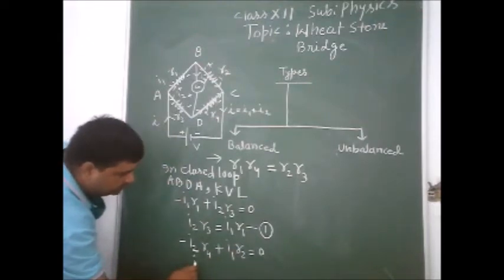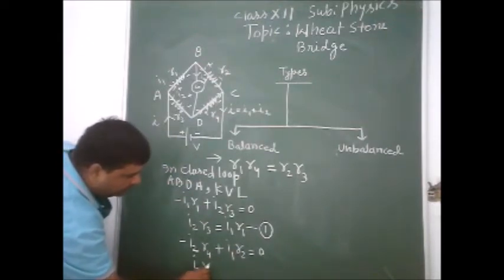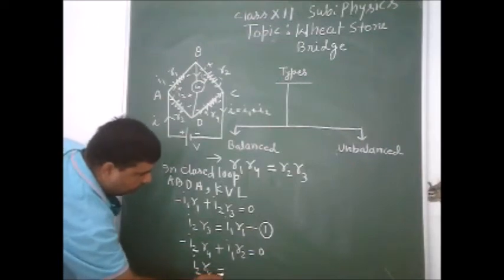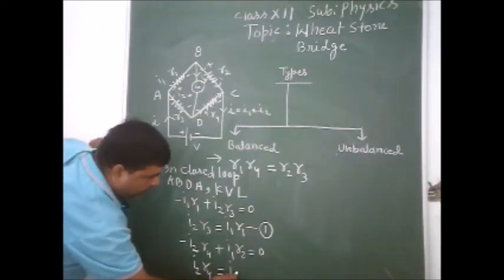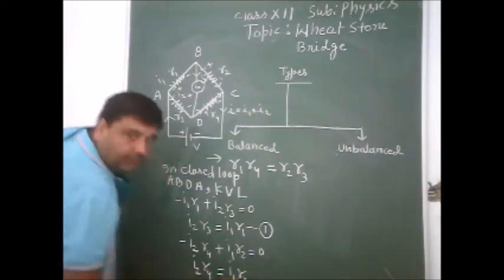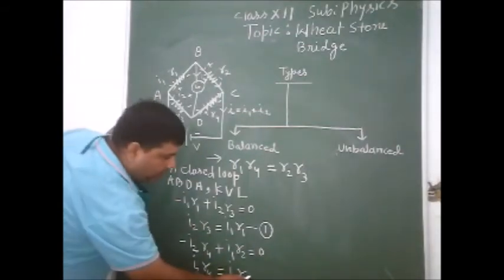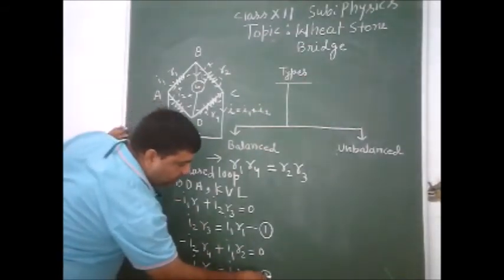This gives you I2 R4 is equal to I1 R2. This is your equation number second.